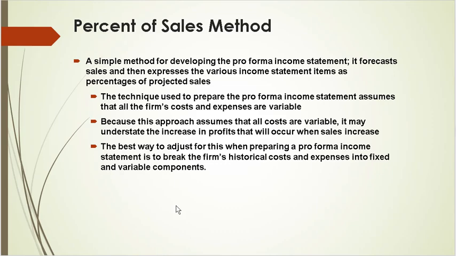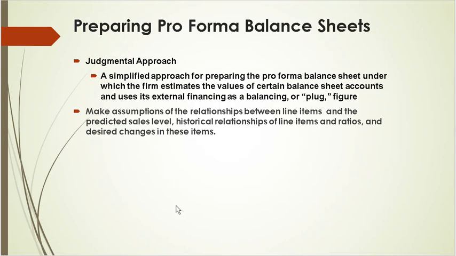So we can plug these numbers in. Again, since this is a forecast, we can incorporate what we think is going to happen. Now, part of this is also what's referred to as a judgmental approach. That is, we can assume that certain things will happen based on some of our earlier predictions.